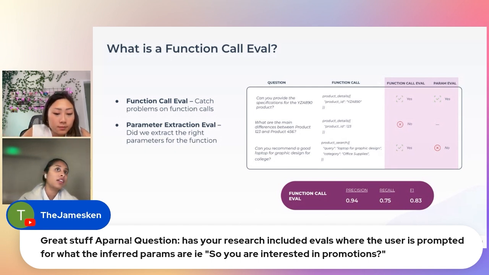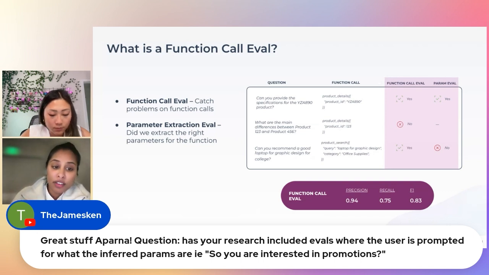It just depends, some of these function calls can have similar parameters. In this case, we had one for product details and also track package, and they might both have an ID field. So just the difference in those parameters doesn't always make a difference.